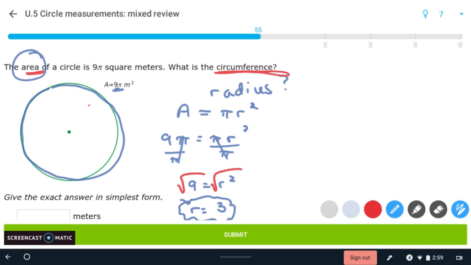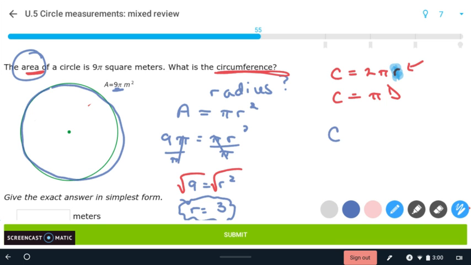So now that we found the radius, that's our connector, but we're not done yet because we want to calculate the circumference. What's the formula for circumference? Well, there are two of them. There's c equals 2 pi r, or c equals pi d. And in this case, I'm going to pick the top equation because it uses the radius. So I know that radius, and because I know the radius, I'm going to use the formula with radius in it.